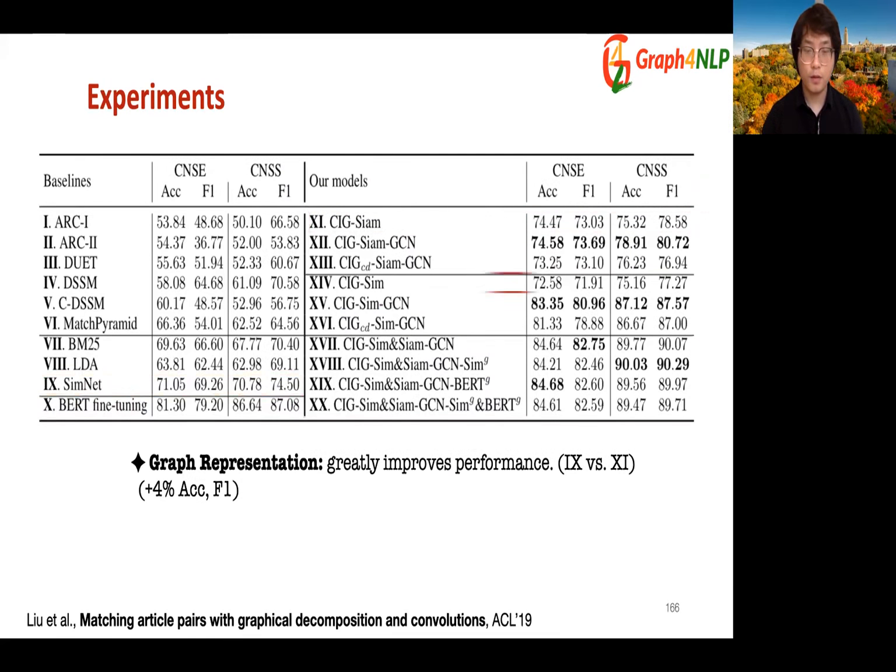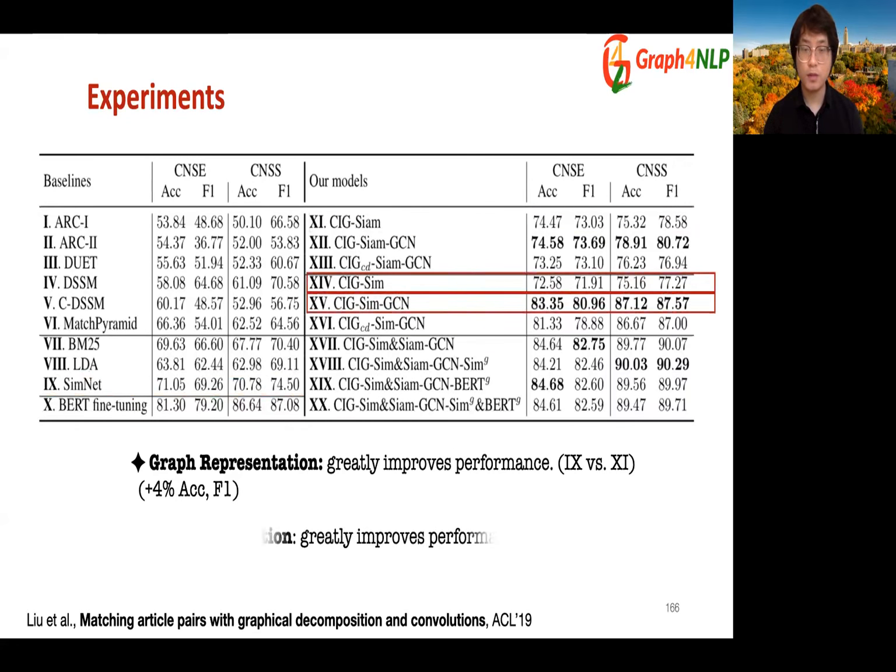And then if you compare two algorithms, one with the GCN propagation and another one without that, you will see that the accuracy and F1 score further improved a lot. So from this experiment, we can say that both the graph decomposition and the graph convolution help a lot to improve the performance of long document matching.